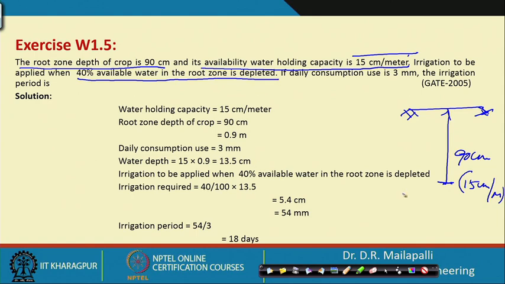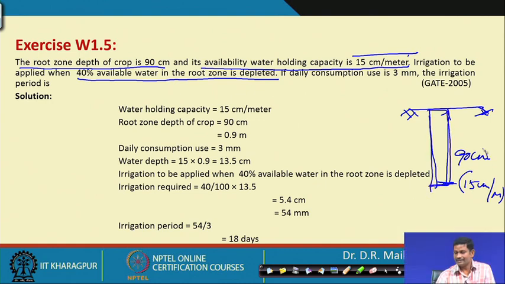And irrigation is to be applied when 40% of the available water in the root zone is depleted. Okay. So, now what you have to find out is the moisture holding capacity with 90 centimeter. For 1 meter it is 15 centimeter, for 90 centimeter how much? That is the number one step. That is your water reservoir.